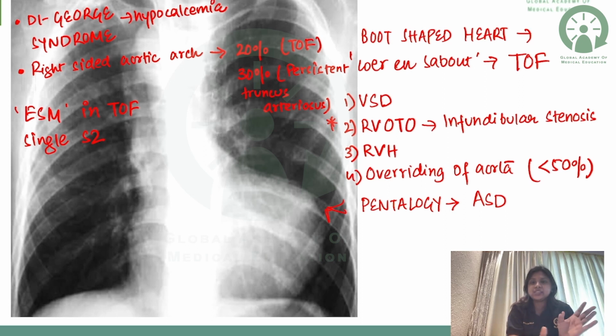Those rivers in the hills make a sound because of the turbulent flow. So that means you only hear sound when there is turbulence, right? Turbulence means there is more velocity of flow of the river. So whenever the blood has to flow through a mild to moderate obstruction, there is turbulence.